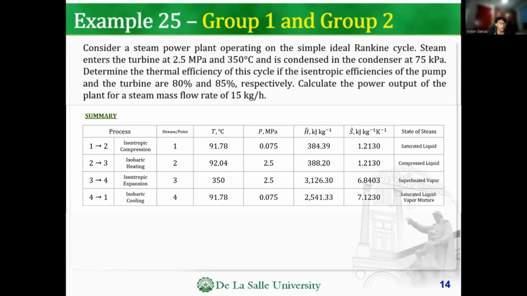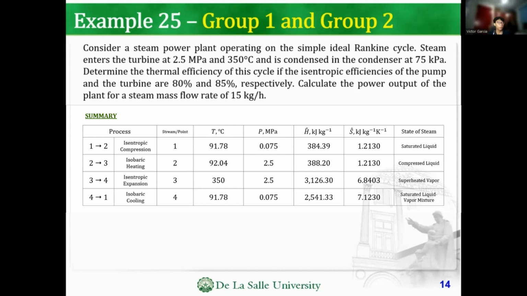For process 3 to 4, isentropic expansion, it has a temperature of 350 degrees Celsius, pressure of 2.5 megapascals, specific enthalpy of 3,126.30 kilojoules per kilogram, specific entropy of 6.84303 kilojoules per kilogram Kelvin, and a state of superheated vapor.